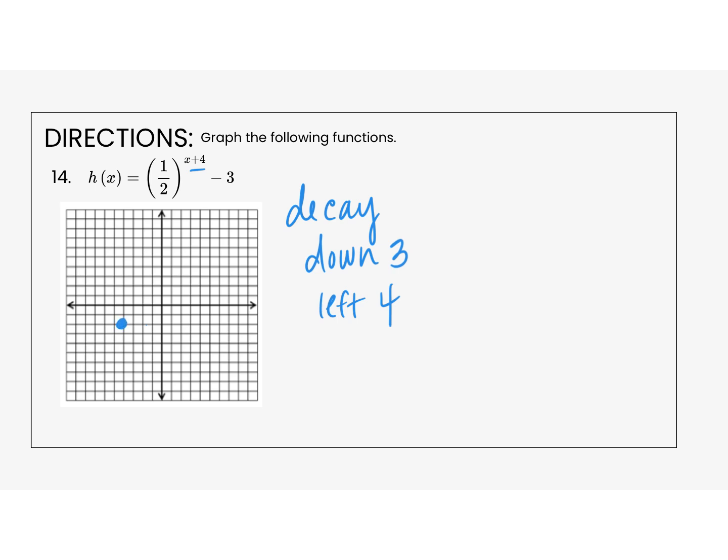Okay, it's no longer on the y-axis because I shifted left 4 as well. And then my asymptote, y equals 0, is now going to be at -3 because I'm shifting that down 3 as well. And this is a decay graph, so I'm coming in and I'm decreasing exponentially.